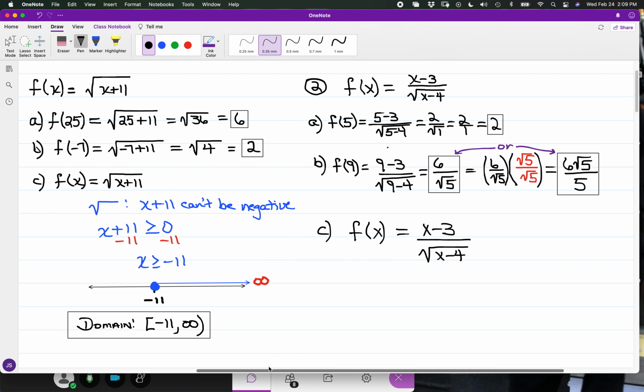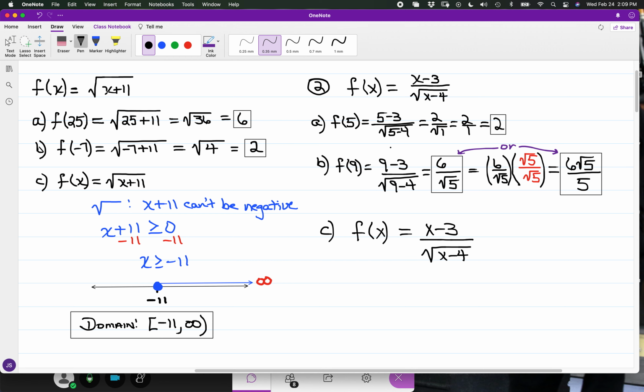First of all, like x plus 11, which is also in the square root, x minus 4 cannot be negative. But because x minus 4 is at the bottom of this ratio, we also have a second restriction that x minus 4 cannot be 0.